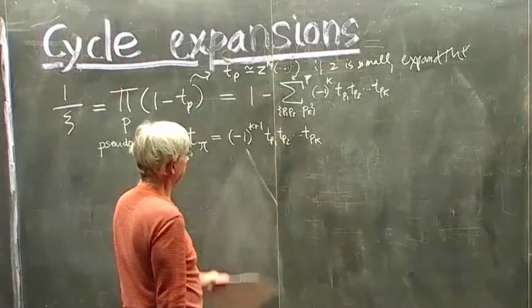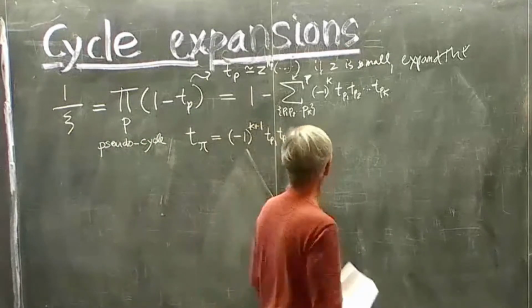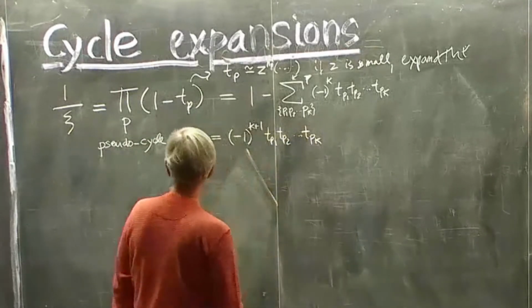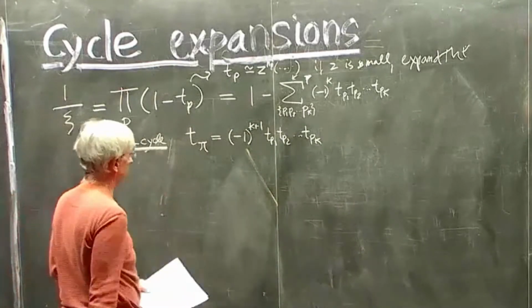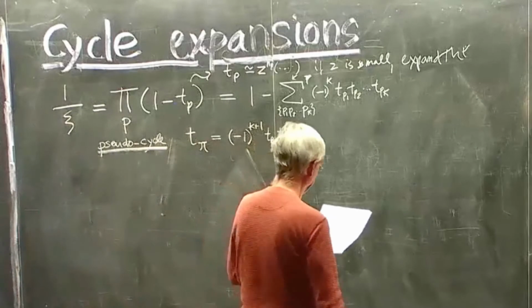So it's a concatenation of k different prime cycles, a pseudo-cycle. And you'll see it's almost a cycle, as you'll see.